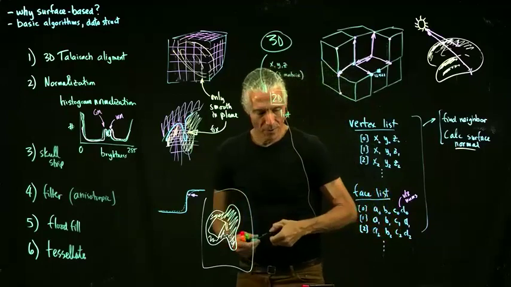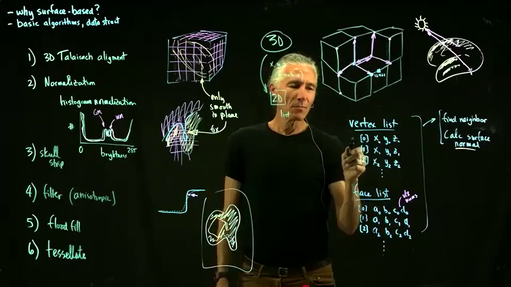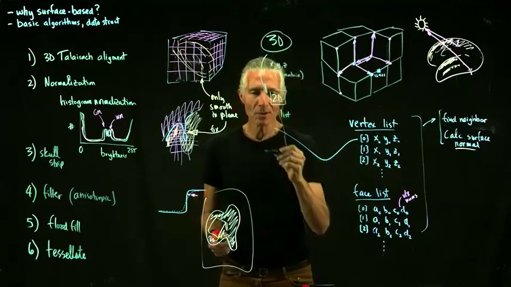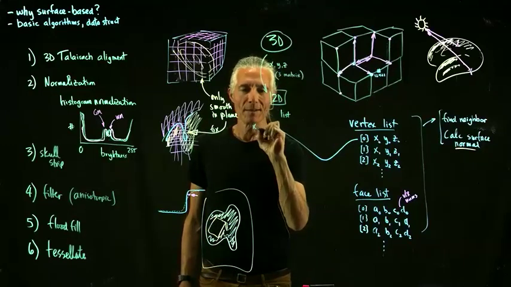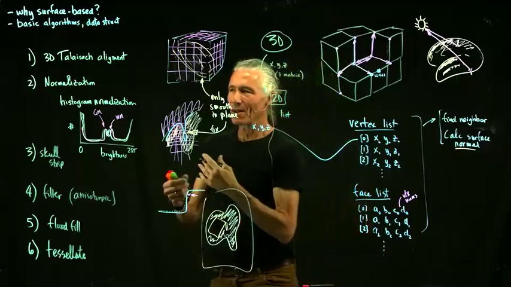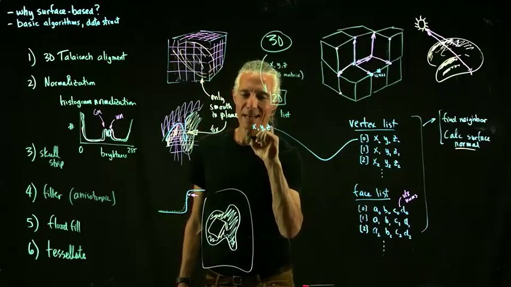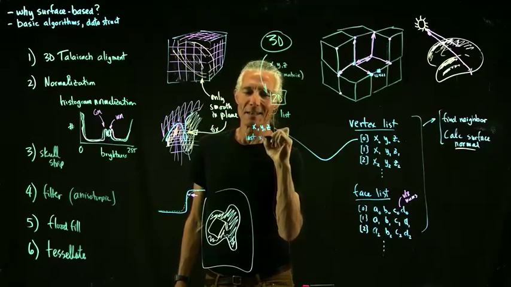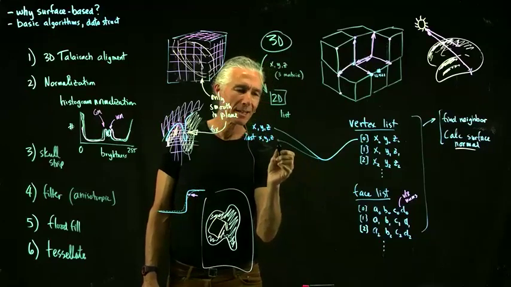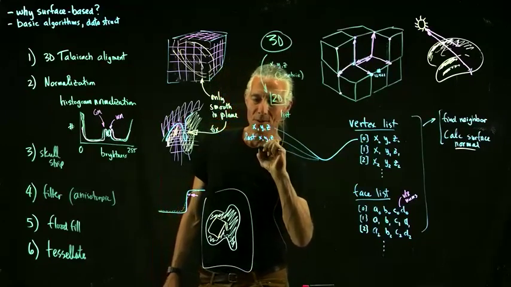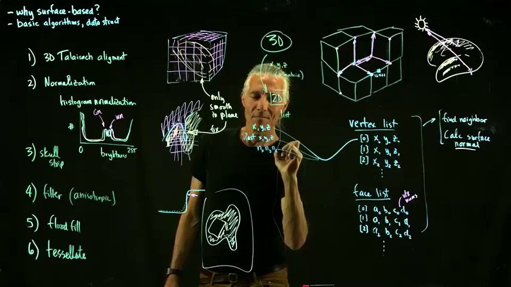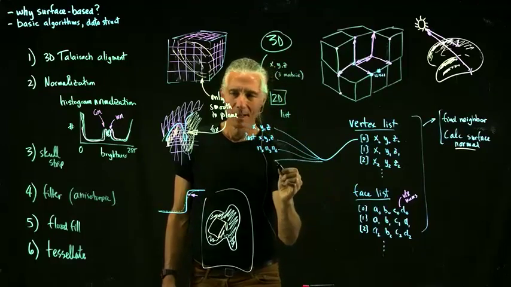And so what are the things that are associated with a single vertex here? Well, there's a whole crap load of things. The very first thing, of course, is the XYZ. But say we're moving the surface and we want to see how fast we're moving it. You could have the last XYZ. In practice, you end up with hundreds of things associated with each vertex. So that's the last XYZ. And then we calculated the normals, so the normal X, normal Y, normal Z. And then we've got some statistics.